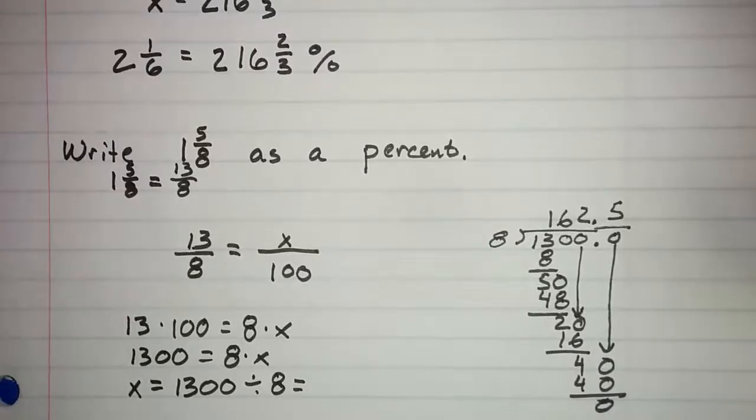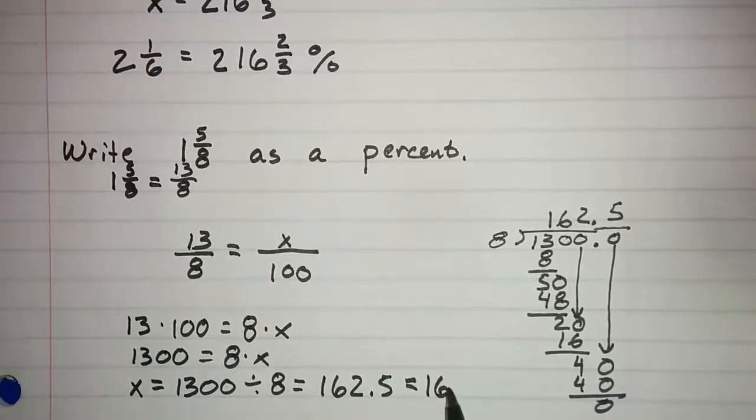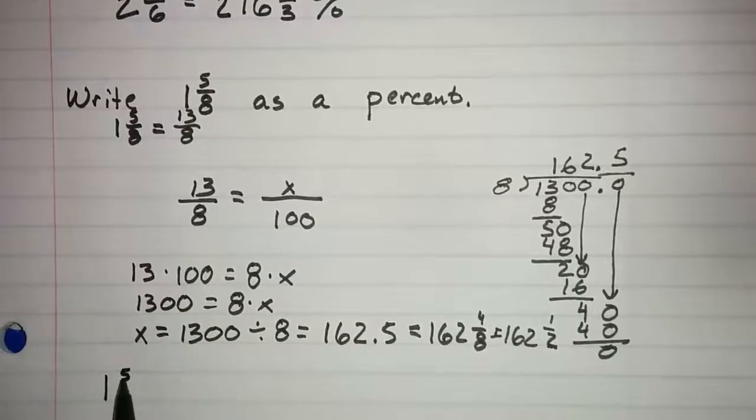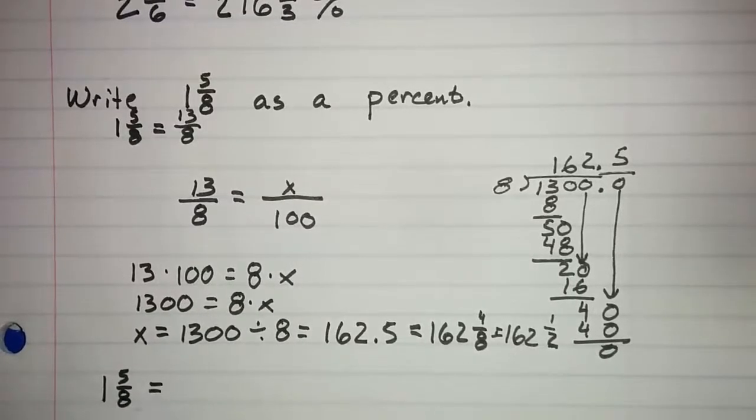So we could get 162.5. Or if we'd given that as a mixed number, we would get 162 and 4/8, or simplify that to 162 and 1/2. We get 1 5/8 is 162.5%.